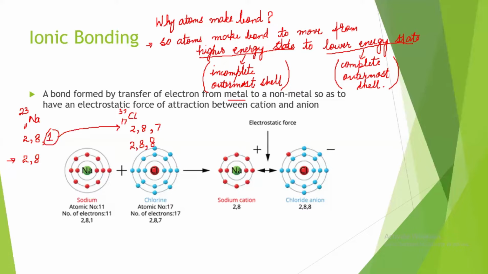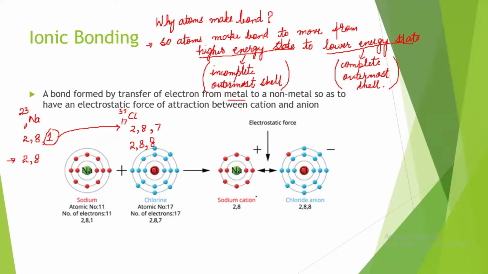So chlorine has gained 1 electron and sodium has lost 1 electron. The electron donated by sodium is transferred to chlorine. In this way, sodium becomes a cation having a positive charge, and chlorine has a negative charge.